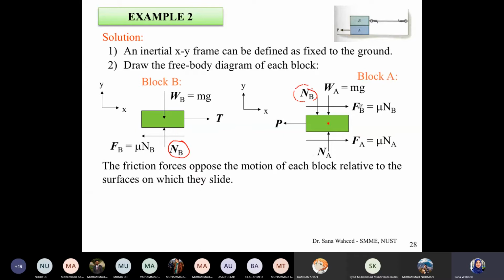So if friction acting on A was to the right, then this frictional force acting on block B must be equal and opposite. So that will act towards the left direction. Okay.